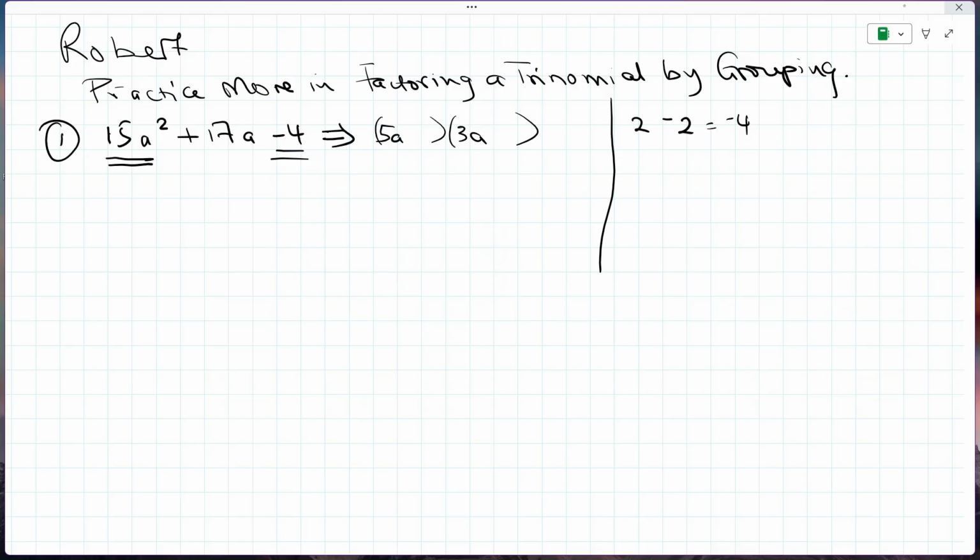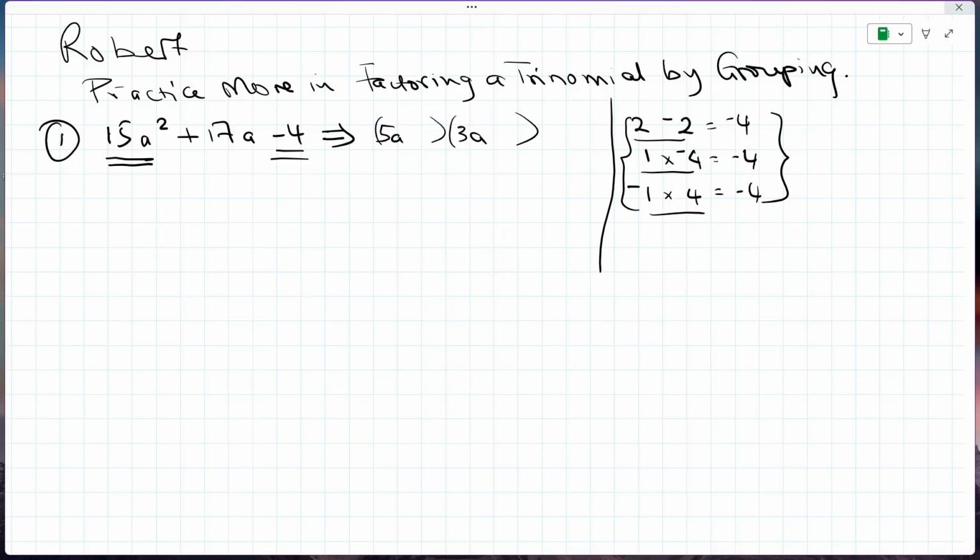Or it could be 1 times negative 4, which will give us negative 4. Or it might be negative 1 times 4. This will give us negative 4. But we don't know exactly what the answer would be. So we really have to try out all these sets, and see what we get.